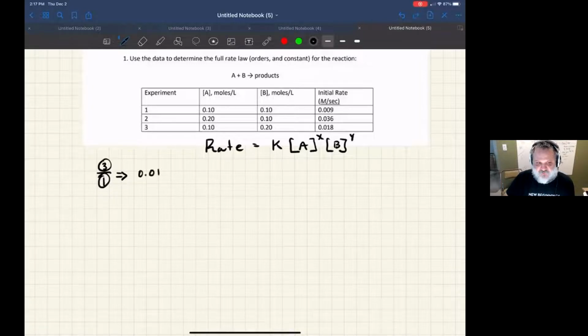So what we can do then is make a ratio of the rate expressions. If I take the rate for 3 and divide it by the rate for 1, then I can set that equal to the ratio of everything on the other side.